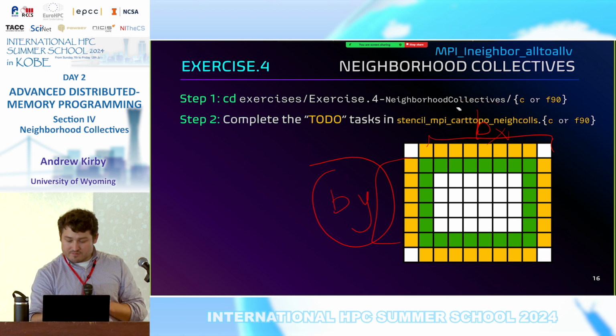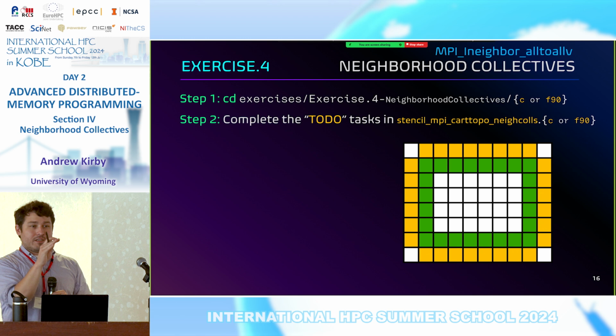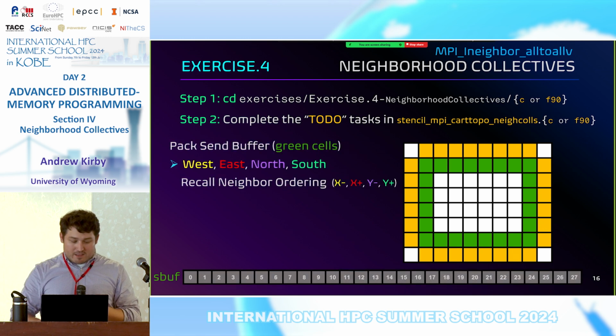Now, if we look back at that picture of the Cartesian topology where we had to pack the bytes into positions, what does that look like on our, say, send buffer, right? So we're going to send this. Maybe I should have made the receive buffer. Say it's this receive, okay?